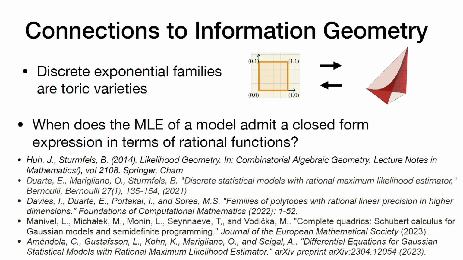So what is a toric variety? You can think of a toric variety in the following way. It's a set of solutions to a system of polynomial equations whose polynomials are binomials. Okay, so it's like the simplest thing you can think about. So it's nice. It's just binomials. So this is very good.